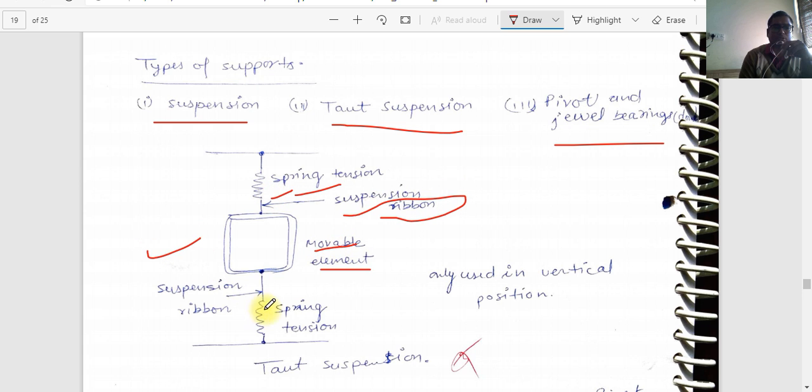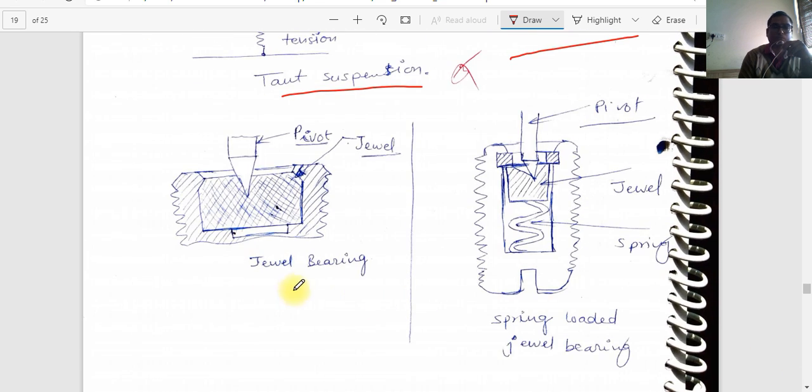It is only used in the vertical position. This is the jeweled bearing, pivot, jeweled, and this is also spring loaded with a jewel bearing. This is the spring, this is the jewel, and this is the pivot.